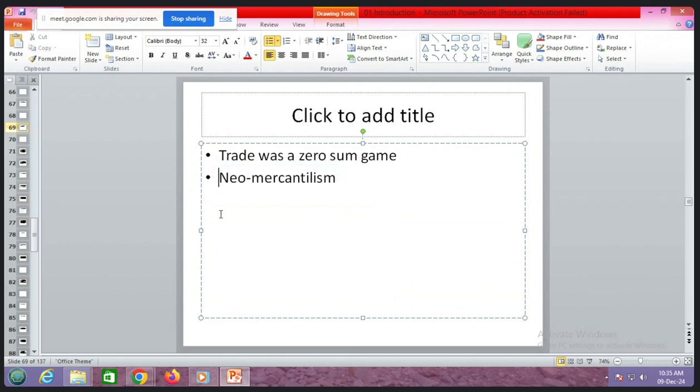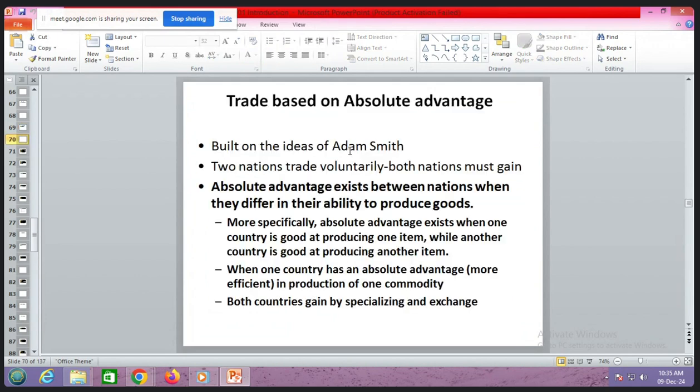I have already discussed the neo-mercantilism or the rise of economic nationalism in the recent times. This we will revisit again when we do module 3, when we deal with the tariff and the non-tariff barriers that the economies are imposing in order to protect their trade. So this is about mercantilism.